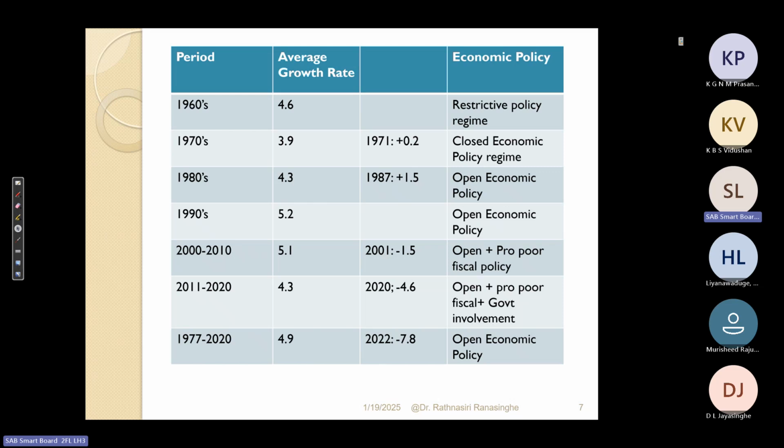Now, in the 1960s, our growth rate was 4.6%. In the 1970s, it was 3.9%. In the 1960s, the government had some kind of restrictive policy.